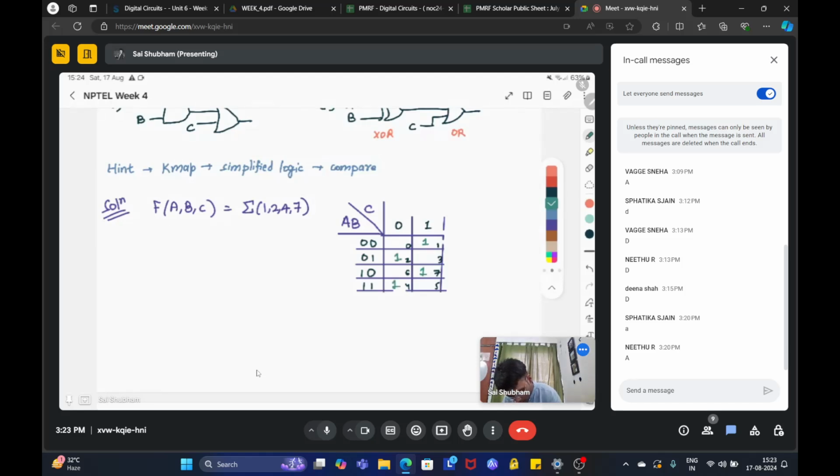Okay. So in this case, you can see that there is no way we can simplify this logic using K-map, and this basically shows that XOR gates will be used.